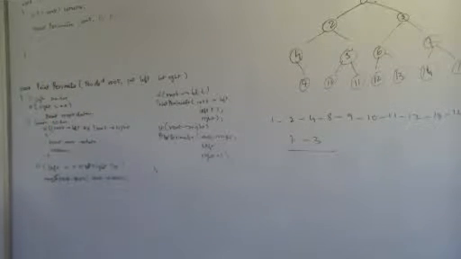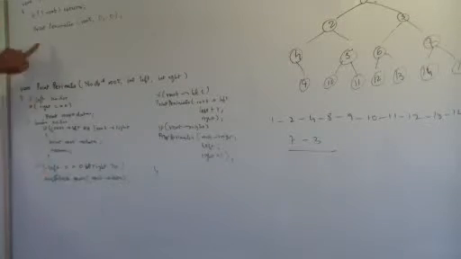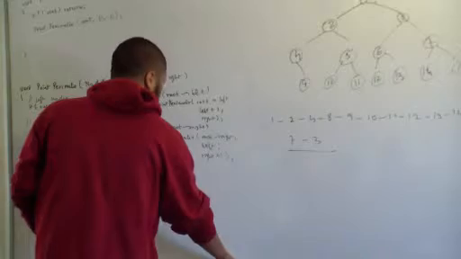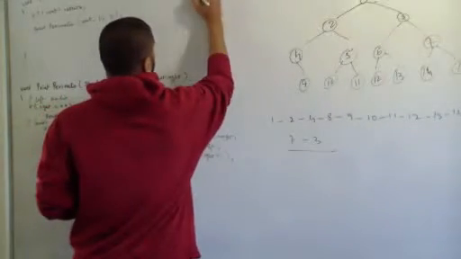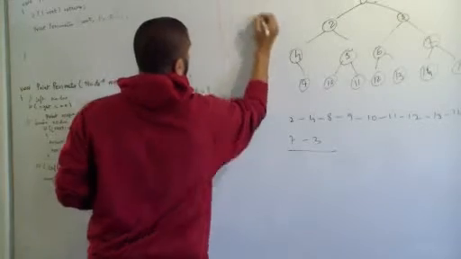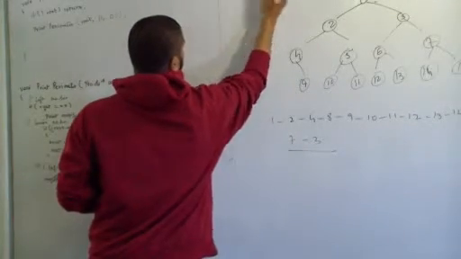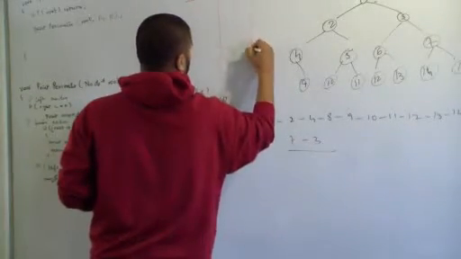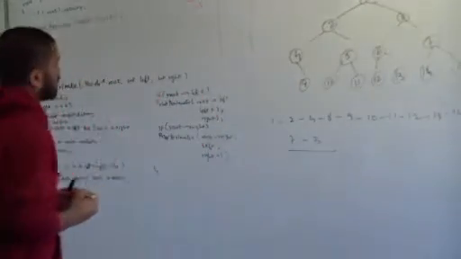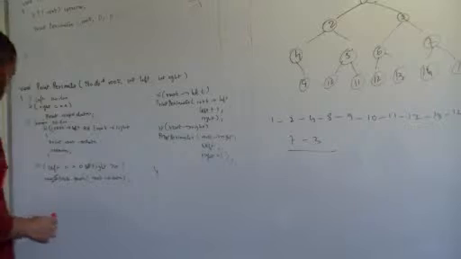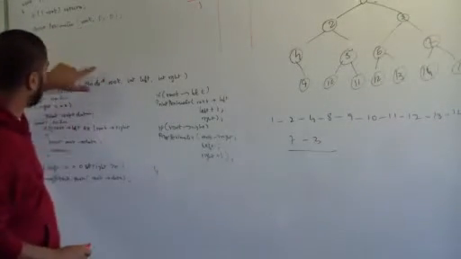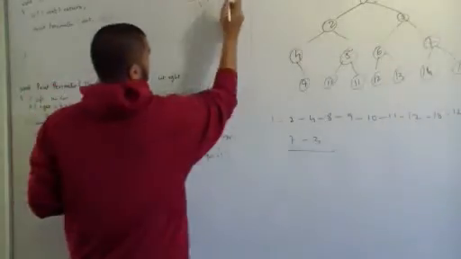So we pass 1 from here with your left and right as 0.